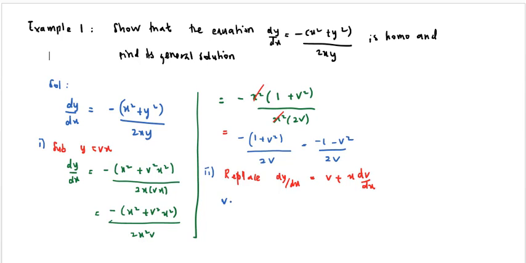So kita akan dapat v plus x dv over dx equal to negative 1 minus v square over 2v.